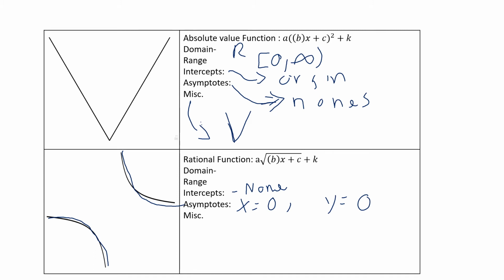So the domain and range, this is how you're going to have to write it. Like this. For the domain, negative infinity to 0, with the union, the U, I'll explain it to you a bit later, 0 to infinity.